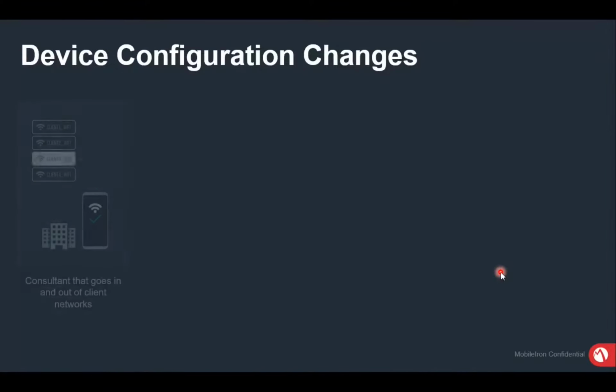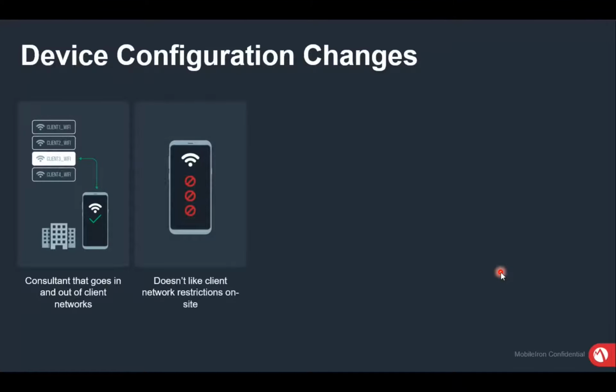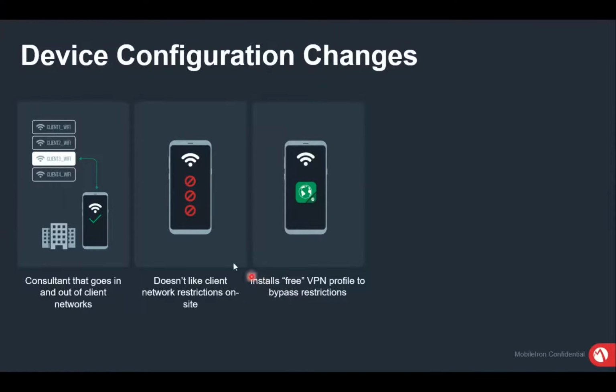Device configuration changes: it's like when a user connects to a Wi-Fi that has restrictions. For example, if you are trying to browse something on the internet and the particular Wi-Fi doesn't allow you to reach it, the user always goes for a VPN or anonymizer.